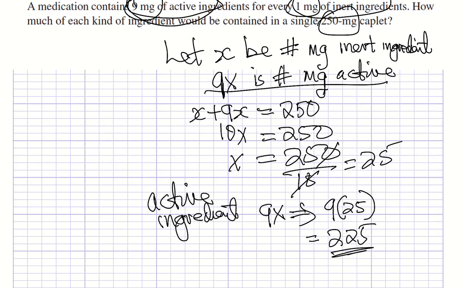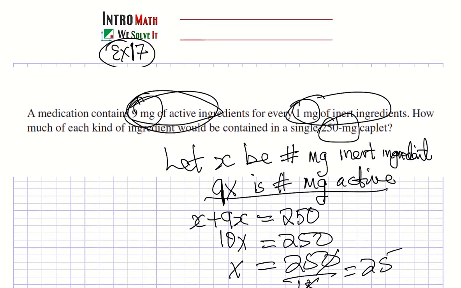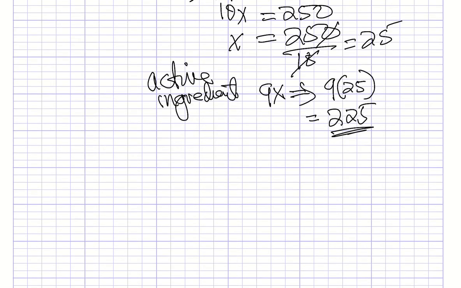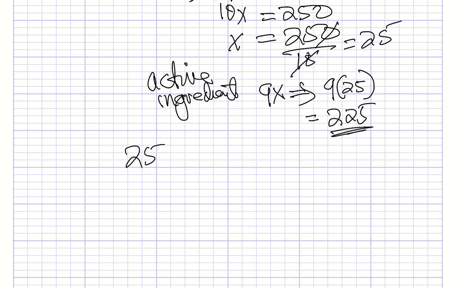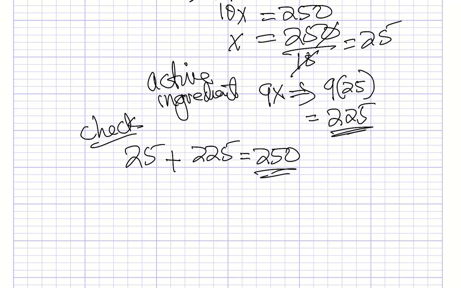So 250 is the total. If you put 25 plus 225, what do you get? You get 250, and it checks out.